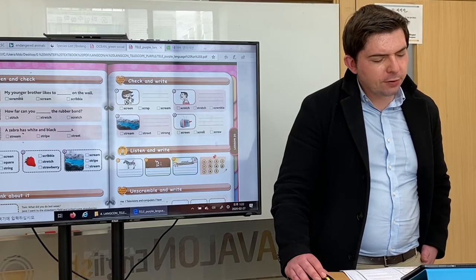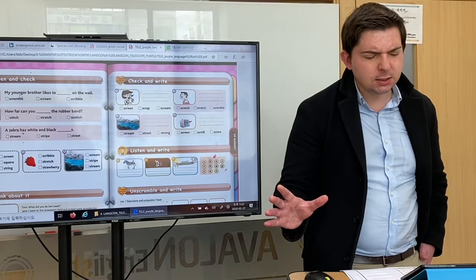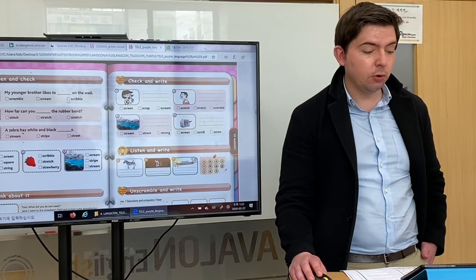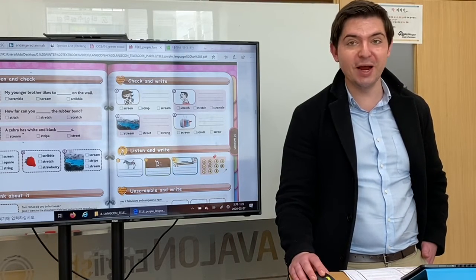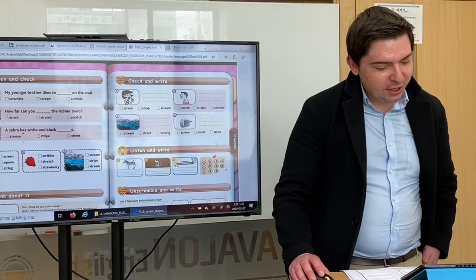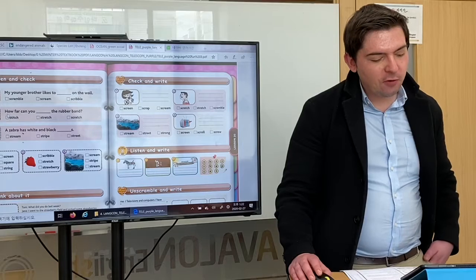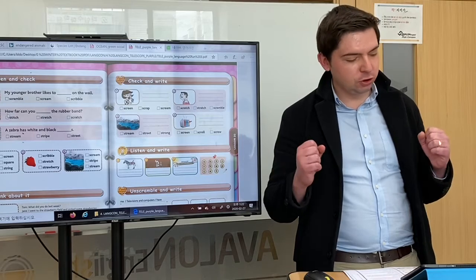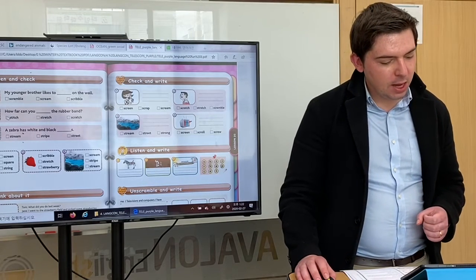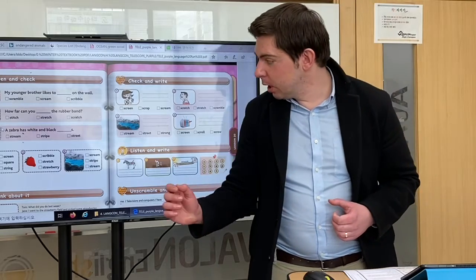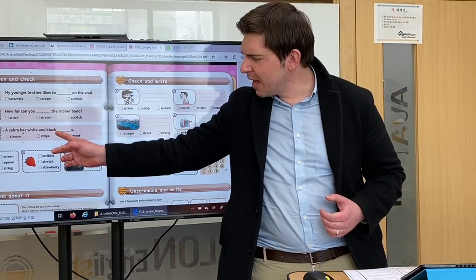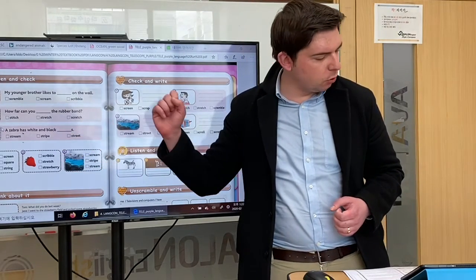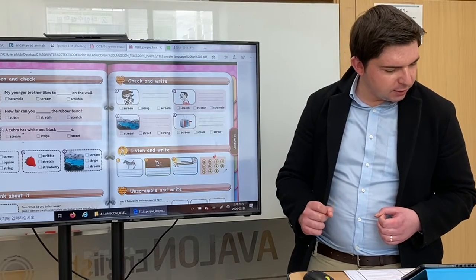My younger brother likes to what on the wall? Scribble. Scribble. And we know that because the picture is right there. Okay, good. The next one. How far can you what the rubber band? Stretch. Stretch. Perfect. And 3, a zebra has white and black what? Striped. Yes, stripes. Great. So we're done with this.